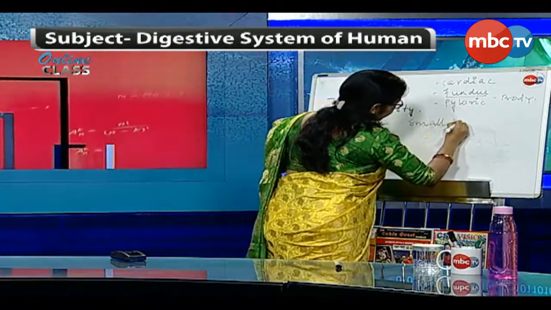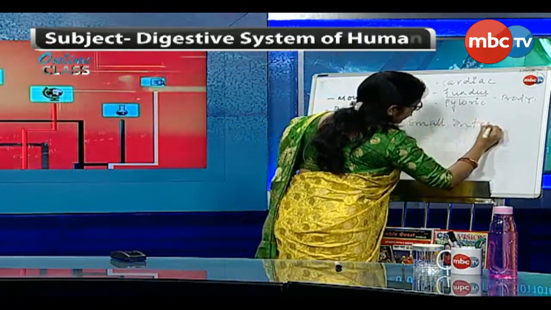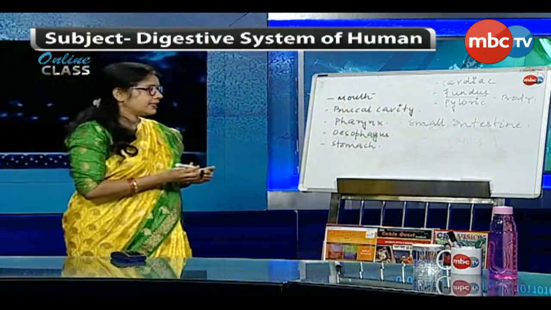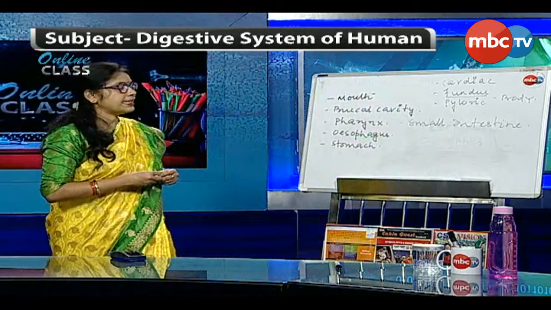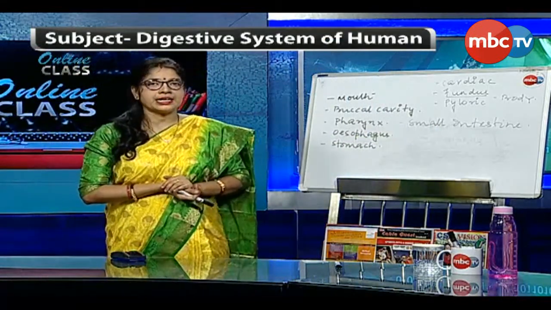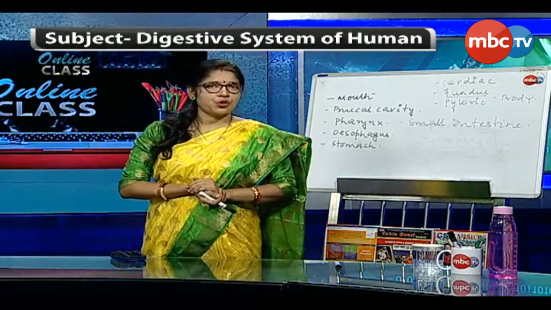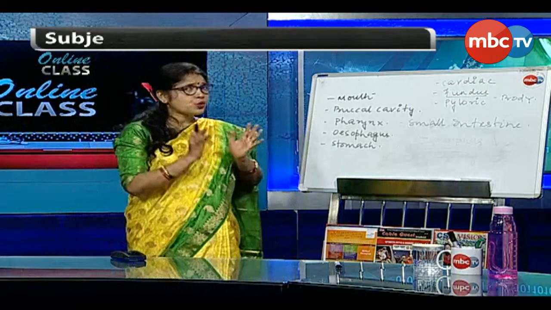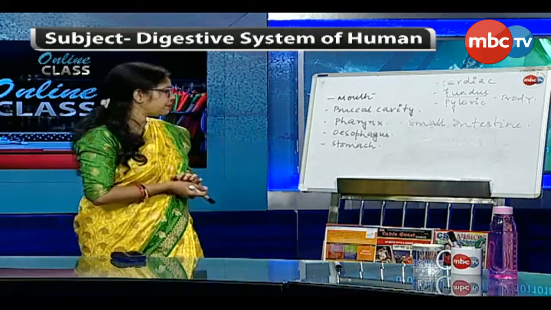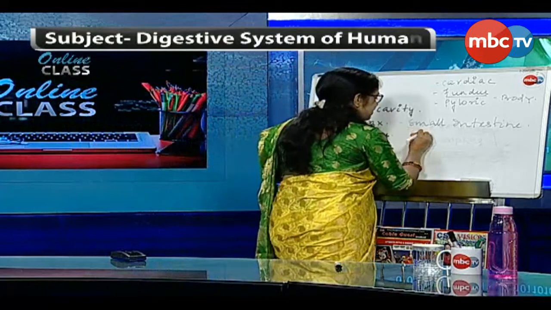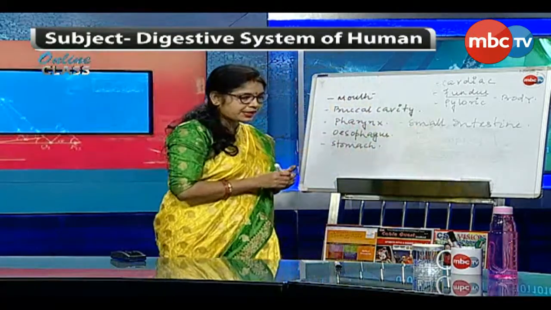Small intestine is regarded as the longest part of the alimentary canal, whose length is approximately 6.25 meter. So, out of the 6.25 meter, the small intestine is divided into 3 different parts.